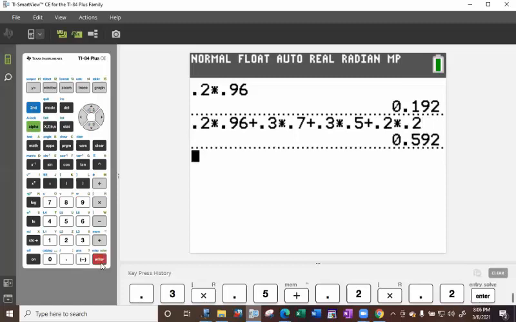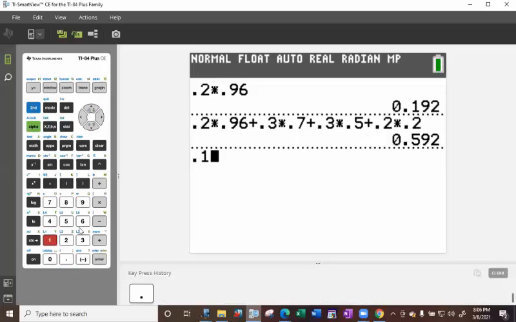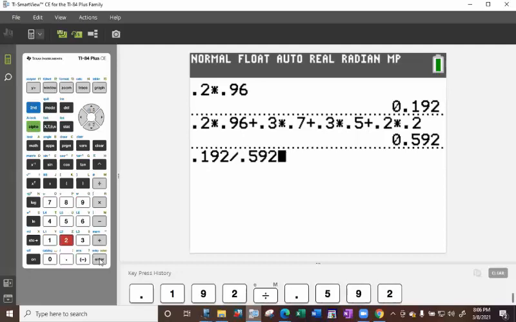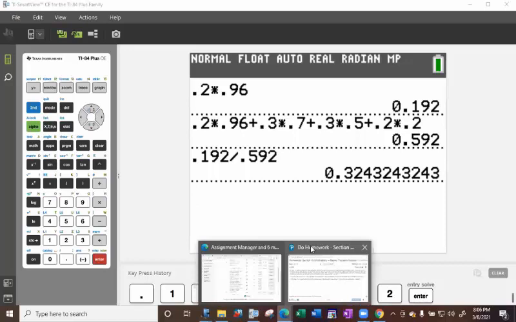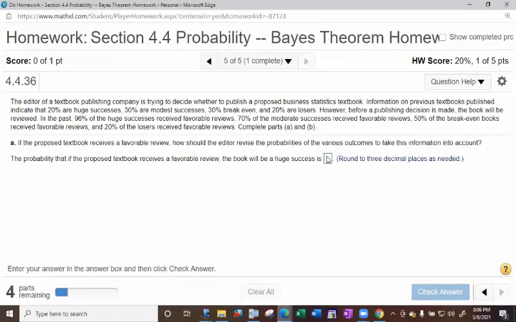So now let me take 0.1992 divided by 592. So let's see if doing it that way is going to help us in any of the other parts of this problem. And how many decimals does it want? 3.